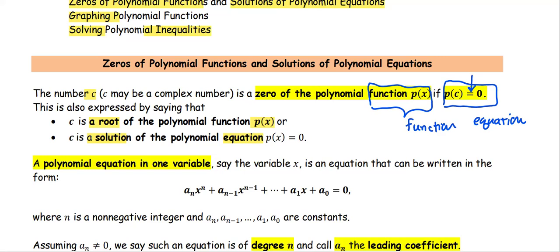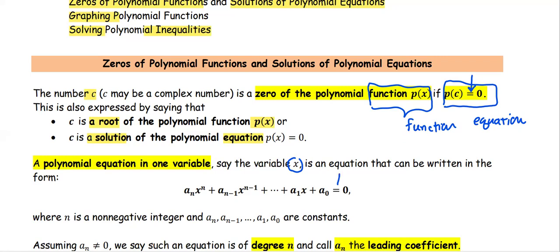A polynomial equation in one variable, say the variable x, is an equation that can be written in the form a_n x to the power n plus a_(n-1) x to the n minus 1, plus and so on until the last terms, a_1 x plus a_0 equals 0.